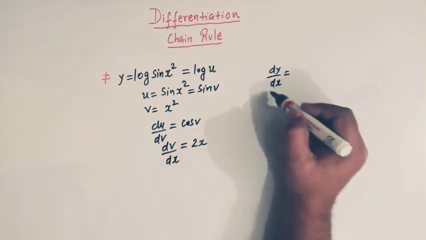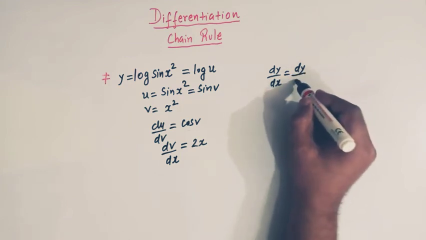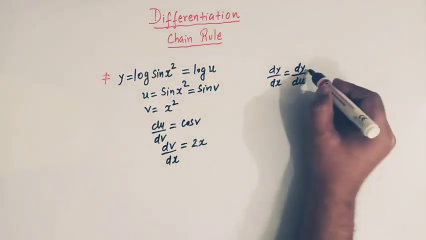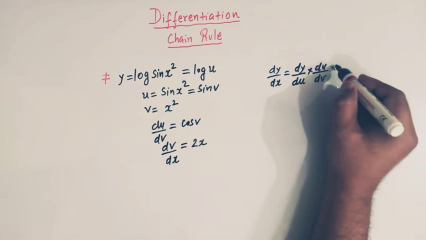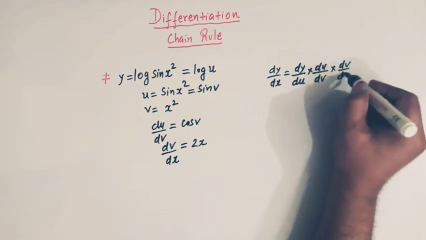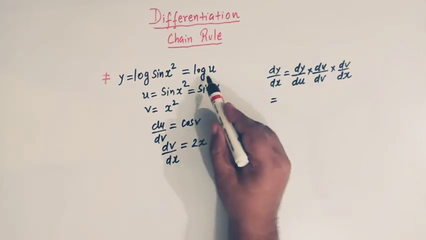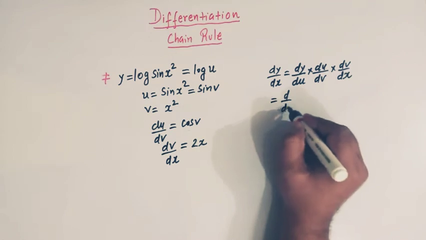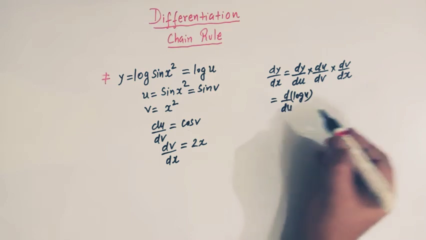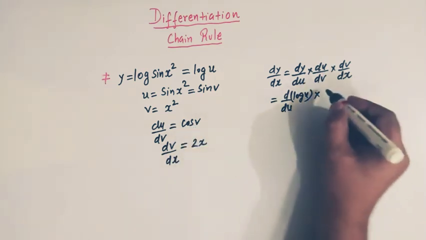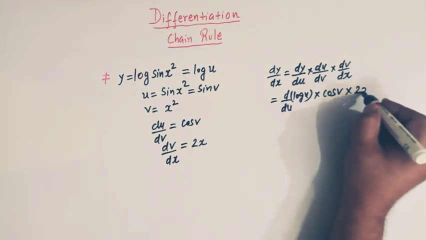Okay, so now we have dy/dx. So dy/dx can be written as dy/du, then we have du/dv, and then we have dv/dx, right? So now dy/du is the derivative of log u with respect to u, and du/dv is cos v, and dv/dx is 2x.